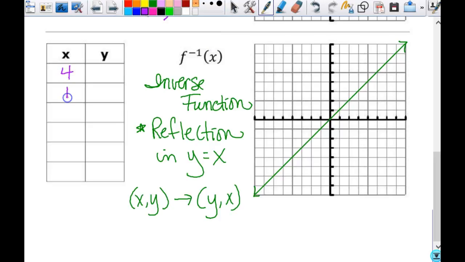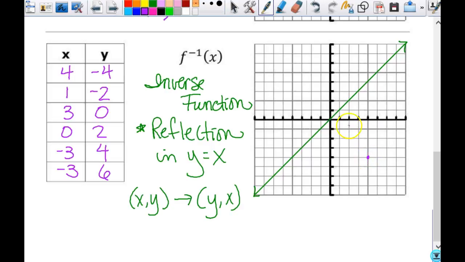So this is 4, 1, 3, 0, negative 3, negative 3, negative 4, negative 2, 0, 2, 4, and 6. So we're not going to draw both of them up here, and you don't necessarily have to draw that line in. I just want you to think about where the reflection actually is. So we get 2, 4.